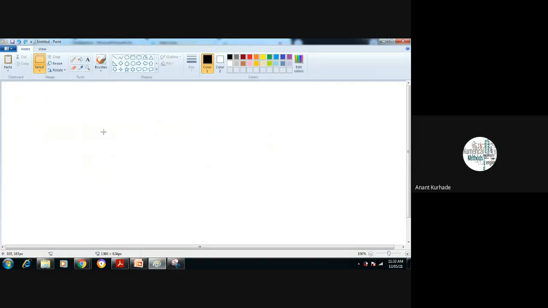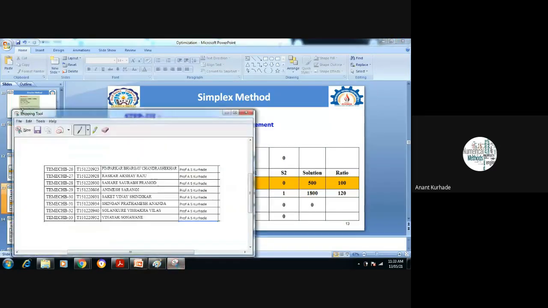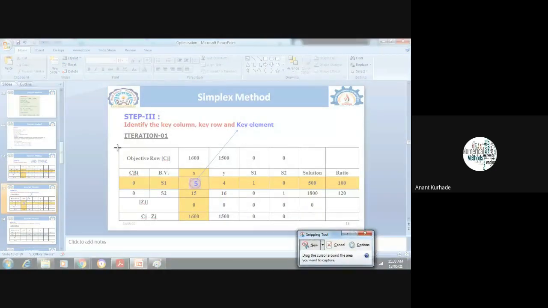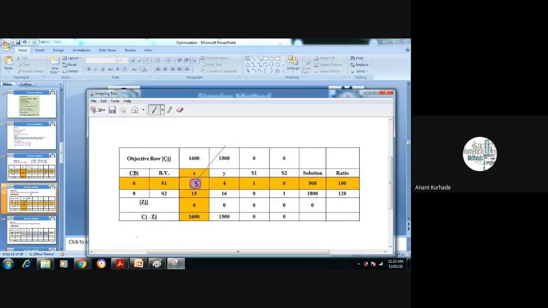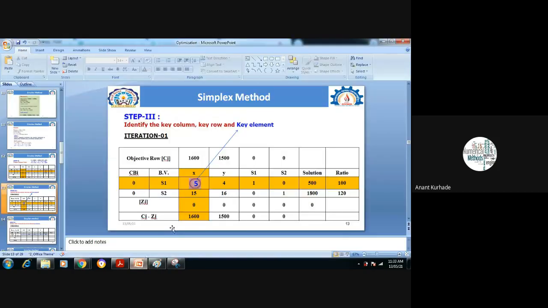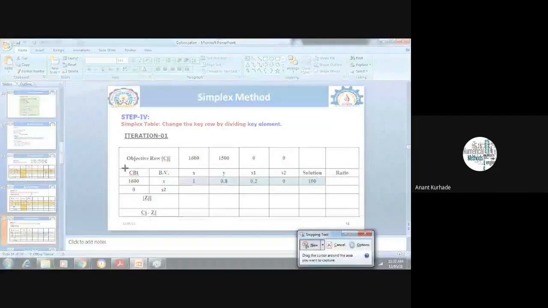Okay, this is the previous one. Here 5 is missing. Wait. If you understand this, then you can easily solve the next one. This is the previous simplex table, and now we're writing this table.